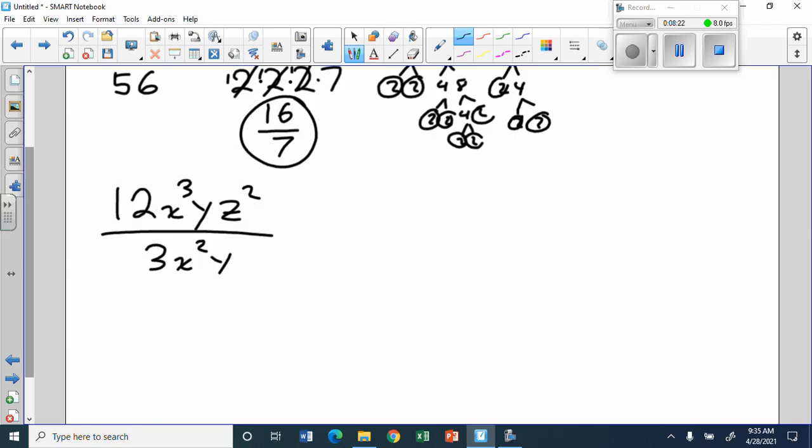Stand when you get it. Give it a shot. Underneath it, what do you think the simplified answer is? I like some of the work I'm seeing from some of you.